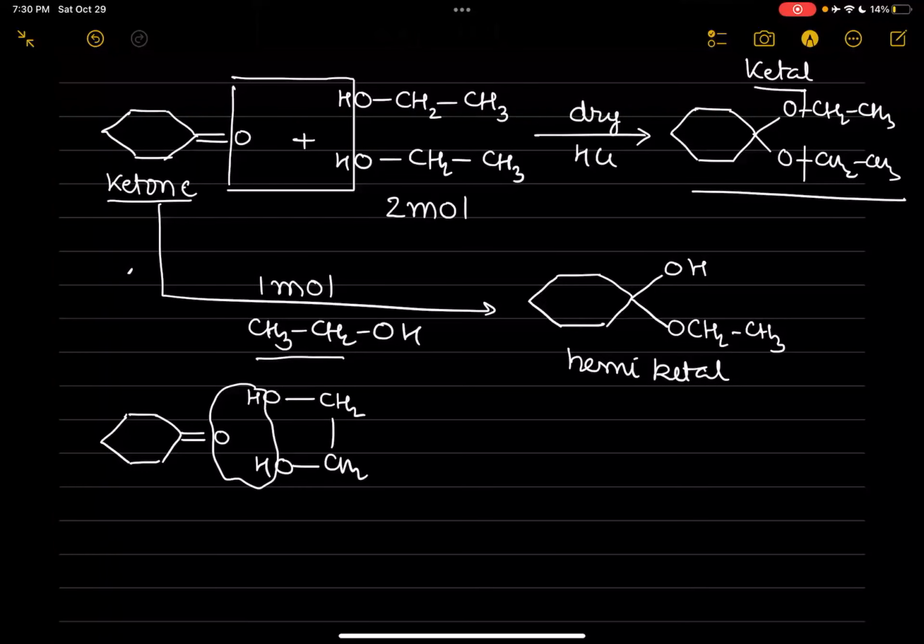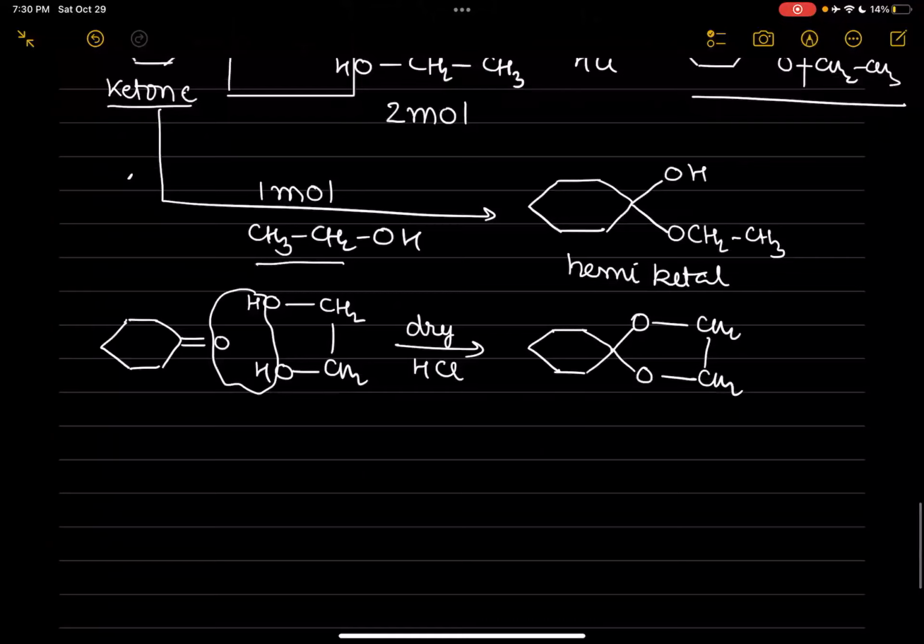So the reaction is exactly the same, but now it's going to be easier to take place. I hope it is clear. So this is a cyclic ketal, right?